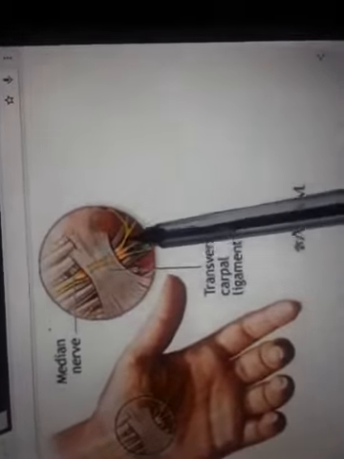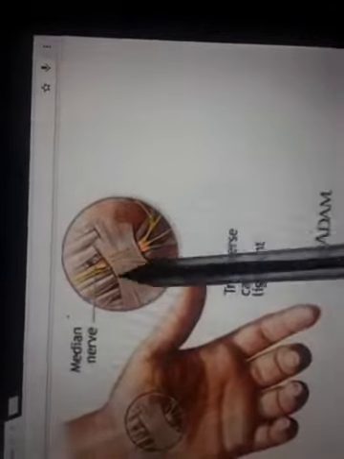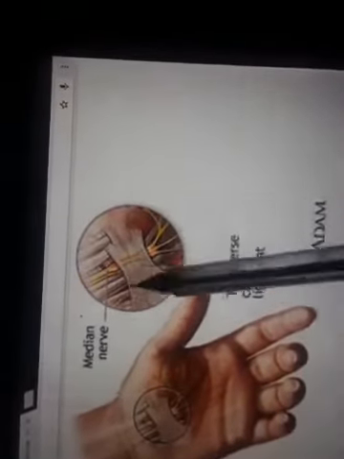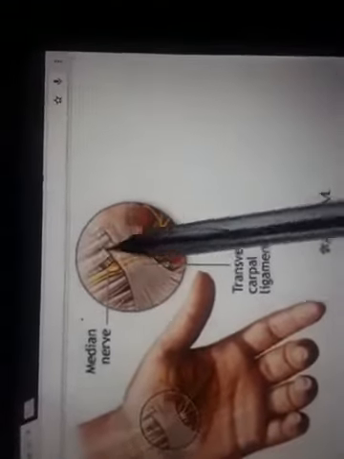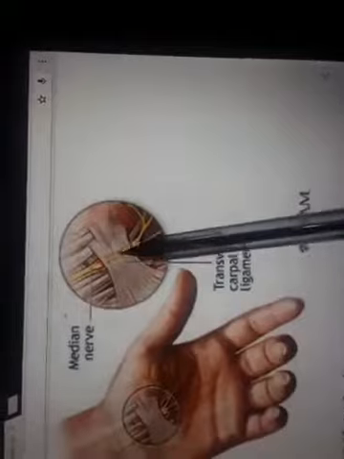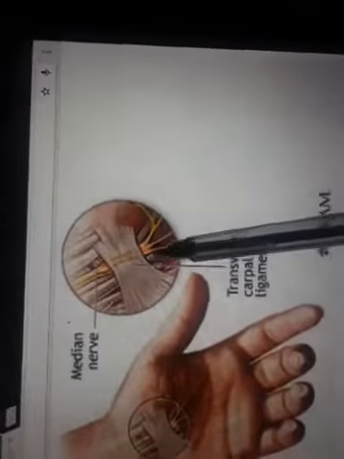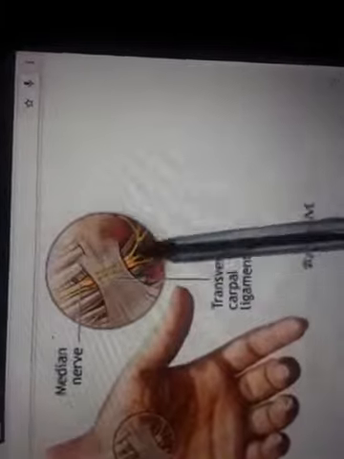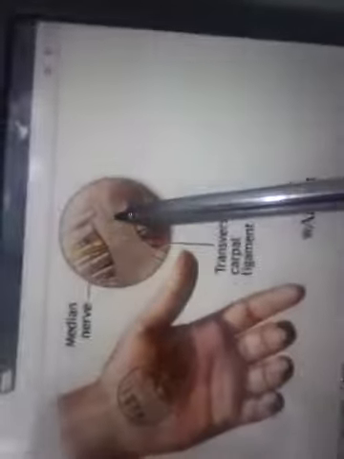So this yellow thing that you're seeing here is called a nerve. They are nerves that run through it. So one of the causes of carpal tunnel syndrome is inflammation. Inflammation means the place has become red, painful, and hot, and then there is likelihood of swelling around that structure. So we have swelling around the wrist.